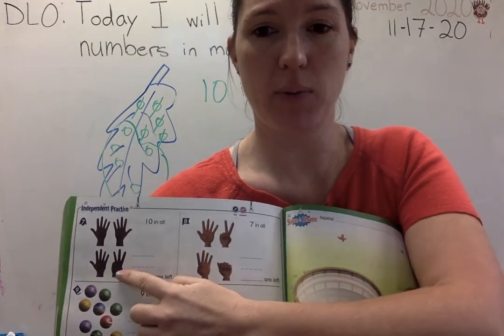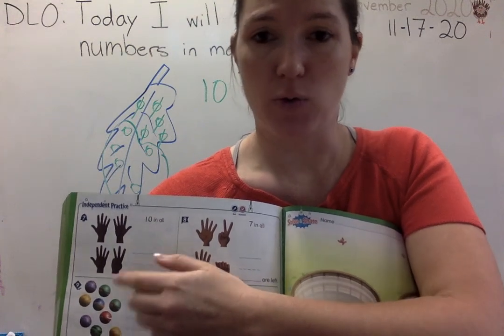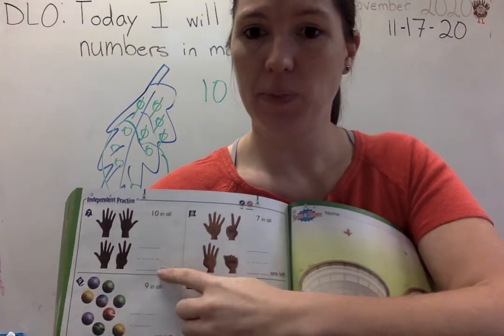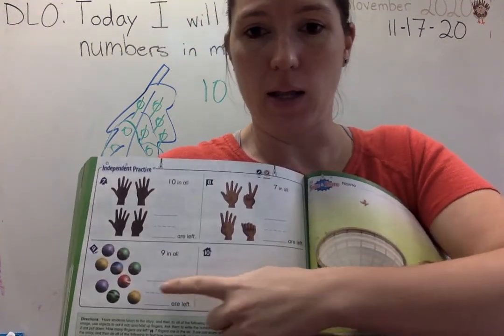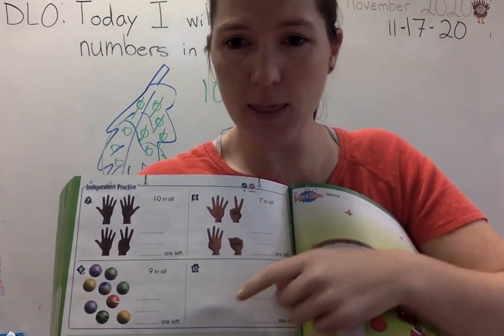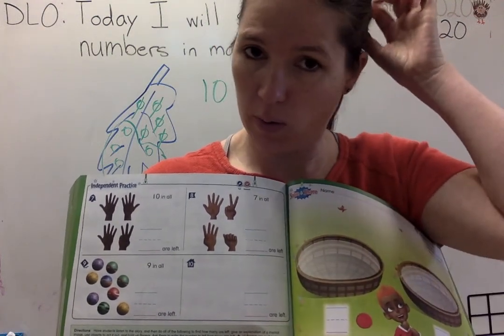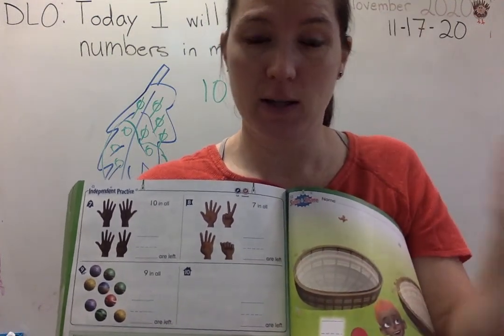You need to look at the bottom picture to see the ones that are now pulled down, and then write the number here. And this one here, the cross out method will be the best. And on this page you'll have to draw a picture and show the difference. So now it's your turn.